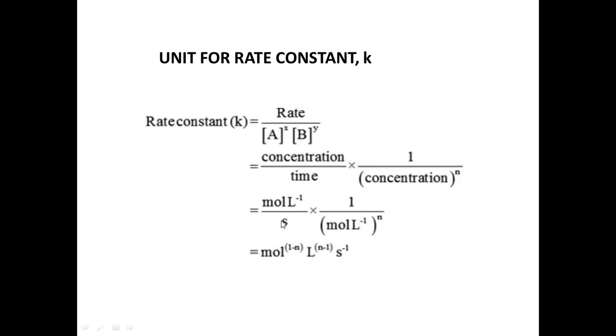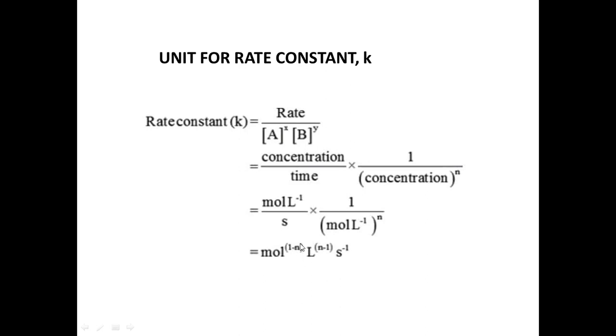When we simplify this, the unit of the rate constant for every reaction of a particular order is given by this expression, where N represents the order of the reaction. So if N is 1, just put it in here. You get 1 minus 1, which is 0 for the mole, 1 minus 1, which is 0 for the L, then time to the power negative 1.